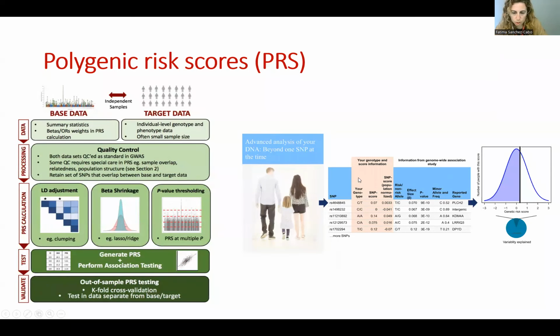So you come with your genotype, these are the actual bases that you have in your DNA, and you get a weight. For example, we always have 2 alleles of each position, so it's a C and a T. The risk allele is the T and the no risk allele is the C. So we have the whole weight for this SNP.